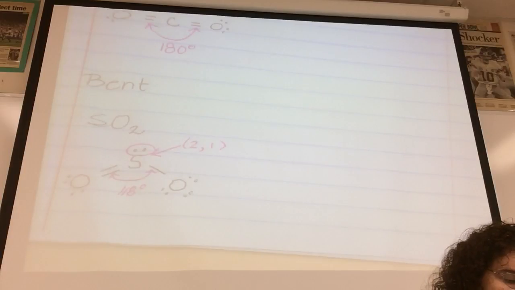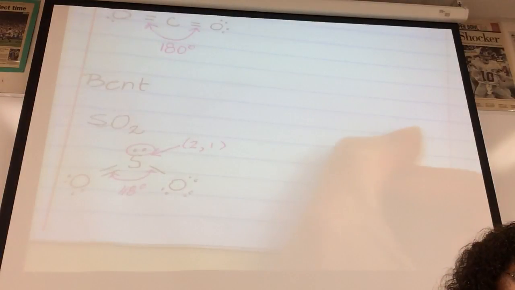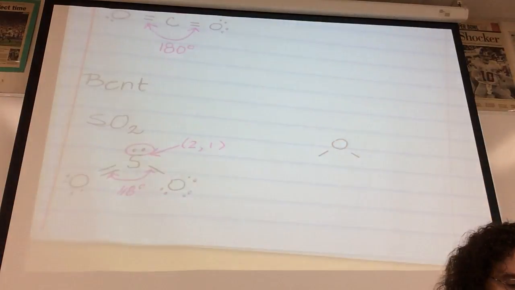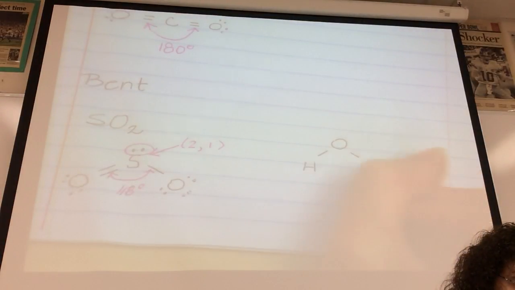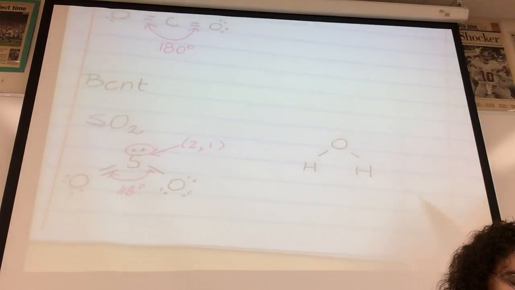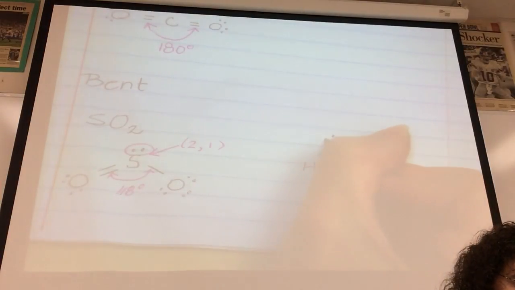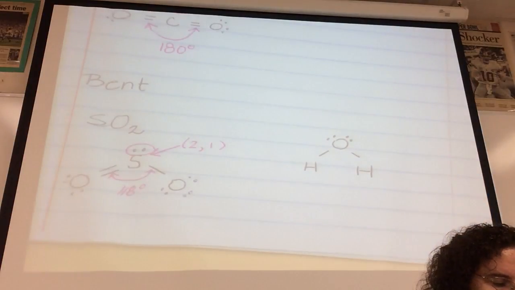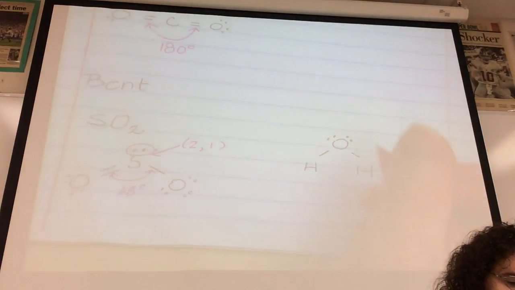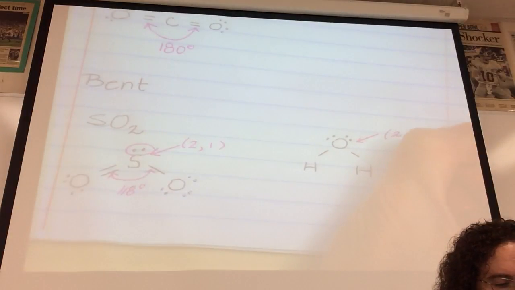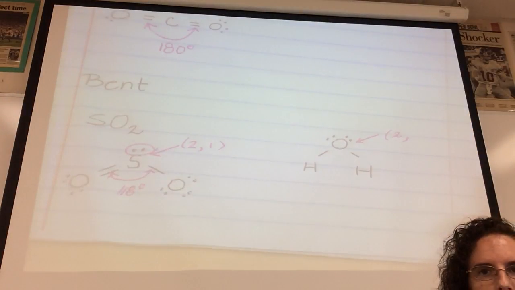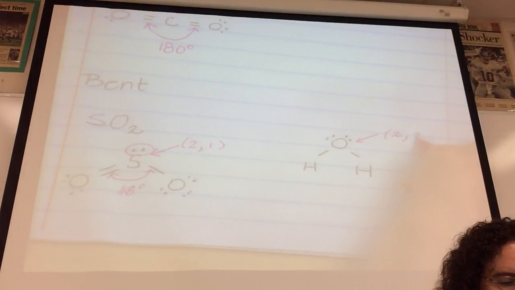The other type of bent design that you'll see more frequently, for example, is water, where the oxygen is bonded to 2 hydrogen, directly bonded to 2 atoms. And how many lone pairs on the oxygen? 2.